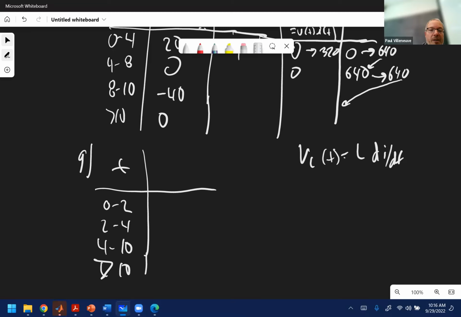So the first thing I'm going to do is take the derivative of I with respect to time, di dt. So the slope, and got to be careful here of the units, it rises 30 milliamps in 2 microseconds. So the slope is 30 milli over 2 micro, which is, got to be careful. This is 10 to the minus 3, but this is 10 to the minus 6.